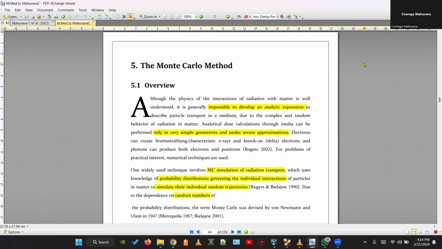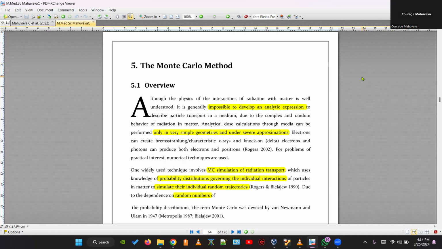In those two different modes, electron versus photon mode, the components of the linear accelerator are a little bit different. If it's electron mode, then you need a scattering foil and you don't need a target. If you are using photon mode, then you remove the scattering foil and you put a flattening filter. So they are a little bit different, but quite similar.